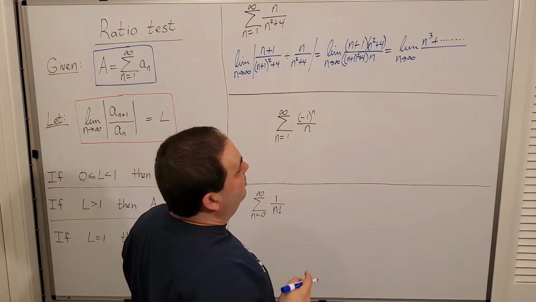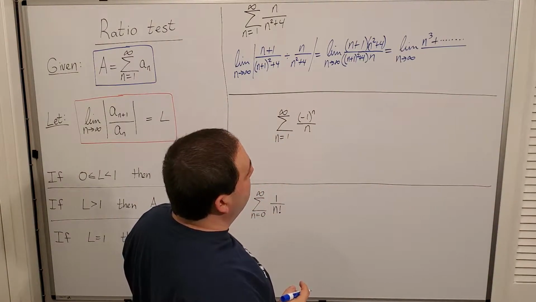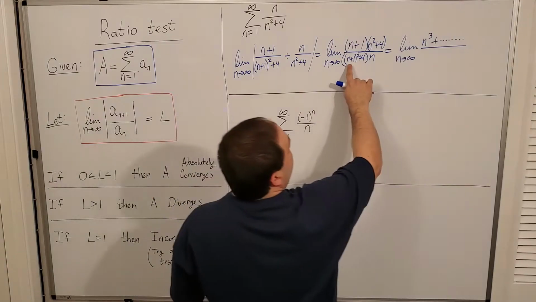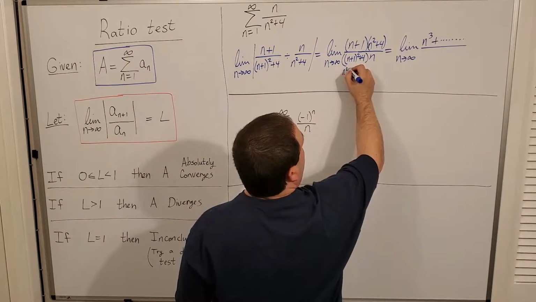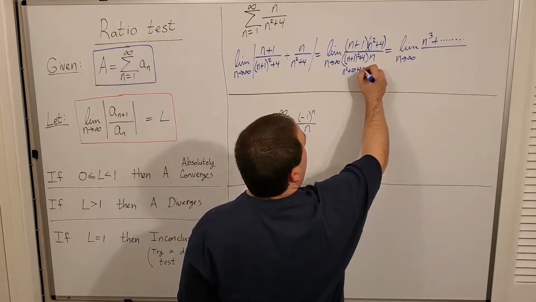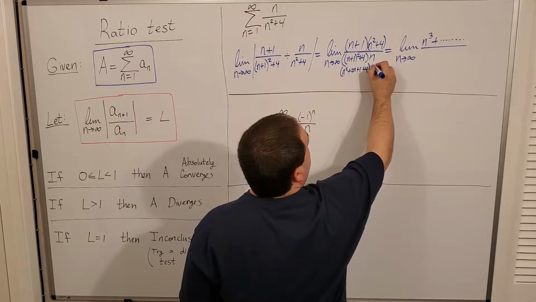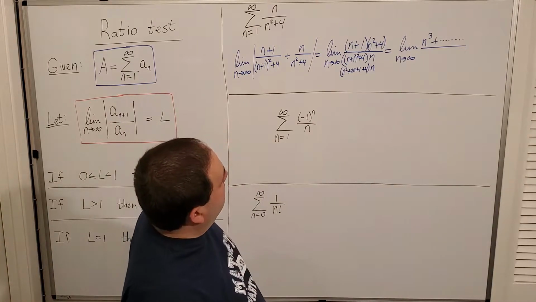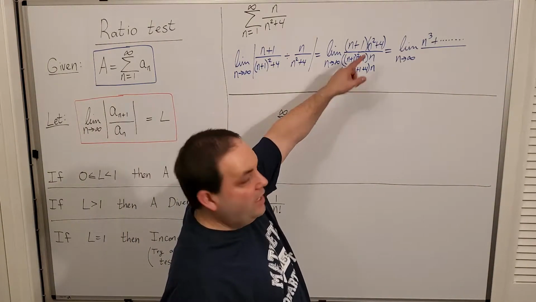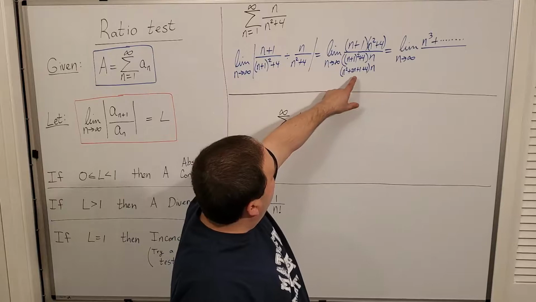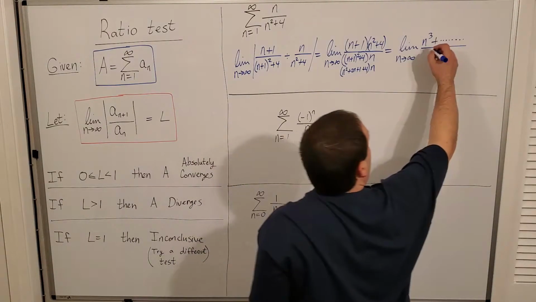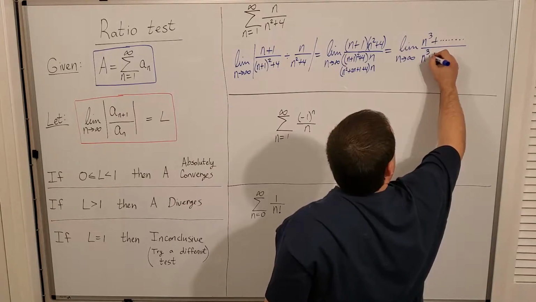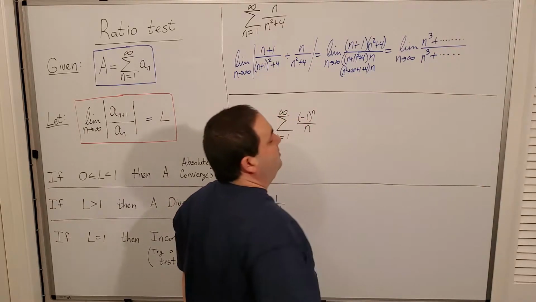Okay, you'll see what I mean in just a second, why that's the only one that's important. In the denominator, I have n plus 1 squared, which is n squared plus 2n plus 1 plus 4 times n. All I did was multiply out the n plus 1 times n plus 1 there. And then I'm going to be doing n times n squared, which means I'm going to have an n cubed plus a bunch of other lesser things.